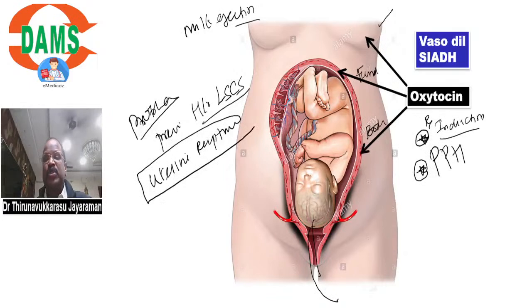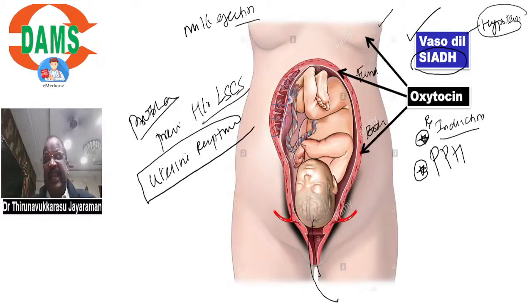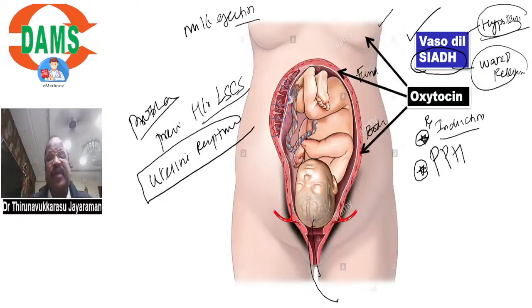And oxytocin causes vasodilation, thereby risk of hypotension. And high dose oxytocin has ADH action, causing too much water retention. See, because of hypotension and water retention, it's unsafe in heart failure patients. So avoid this in heart failure.